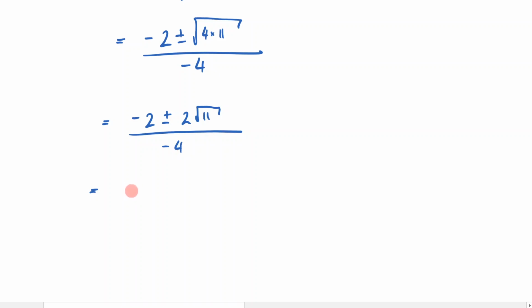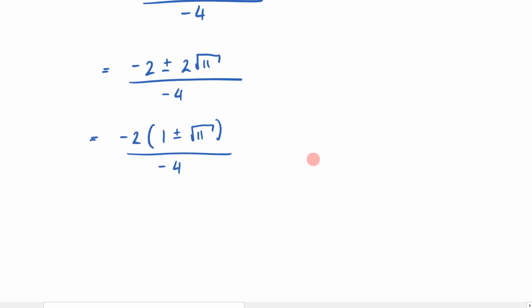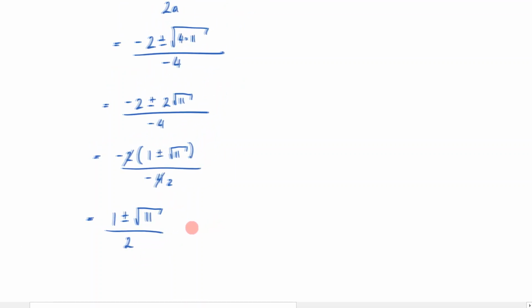So if I was to do that, I would be taking out negative 2 here, which is going to leave me with 1 plus or minus the square root of 11. Then I've got negative 4 down here. Beautiful. And that means what I'm going to be left with is 1 plus or minus the square root of 11 over 2. And remember, that negative went away, so that now is my answer.